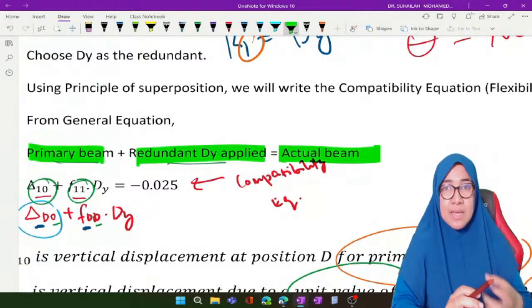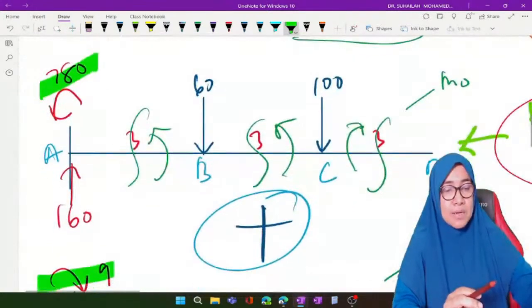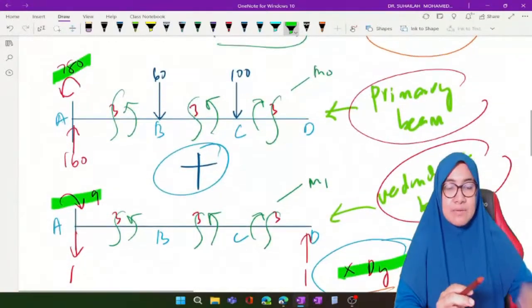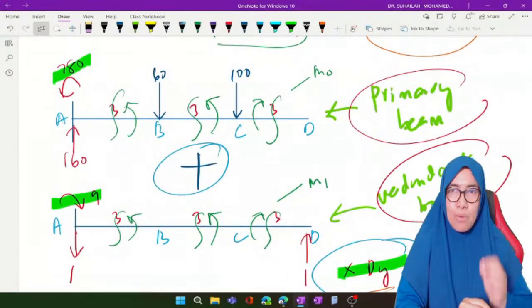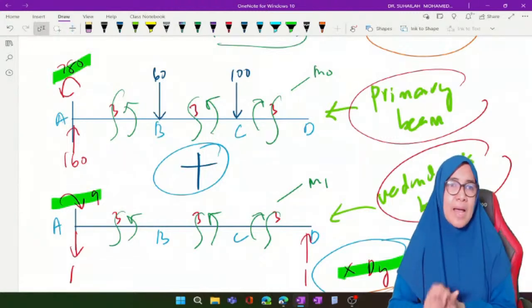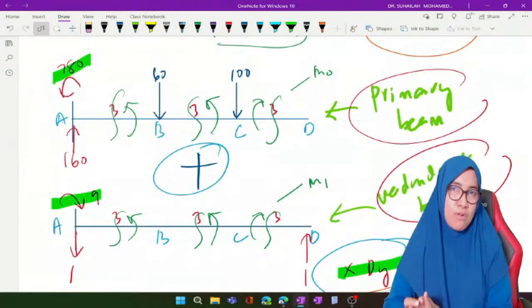So everything inside the redundant beam, we must times back with the redundant value. MA or AY in redundant beam, we have to times with 50.45.